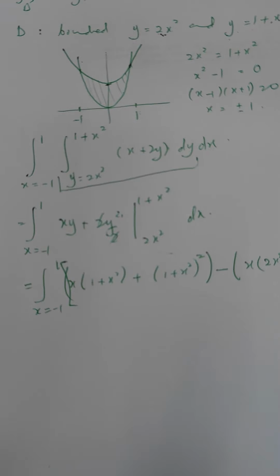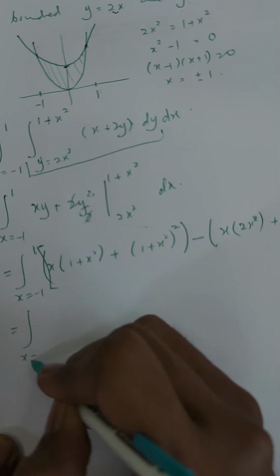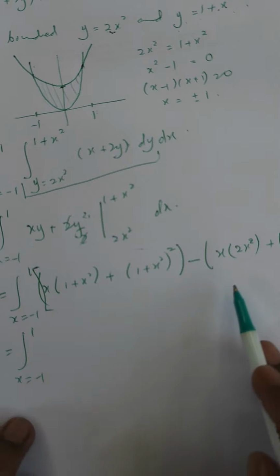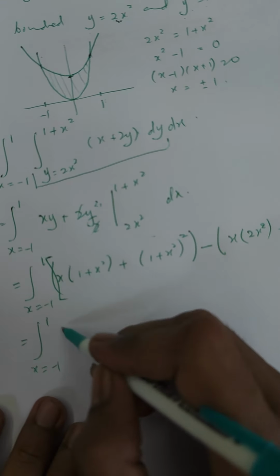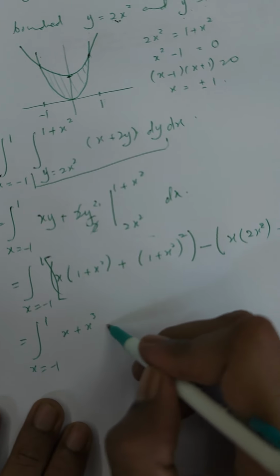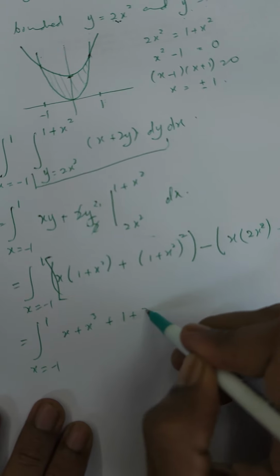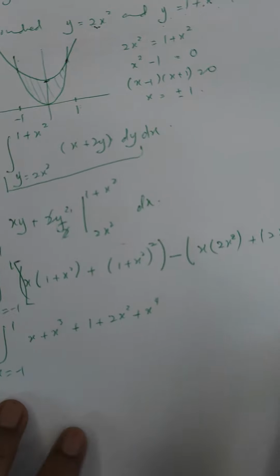The rest is just evaluating those things, integrating x from minus 1 to 1. What do we have here? This is x plus x cubed plus, that one is 1 plus 2x squared plus x to the fourth.